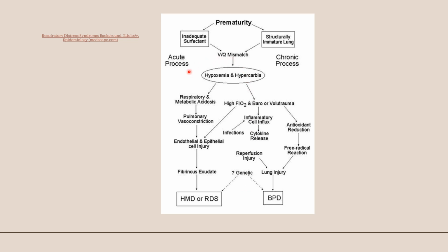And if we take a look at our blood gases, if they're respiratory and metabolically acidotic, that can lead to pulmonary vasoconstriction, further lung tissue injury, and essentially continue with this cascade of respiratory distress.